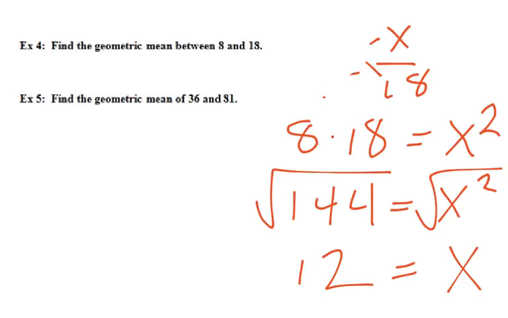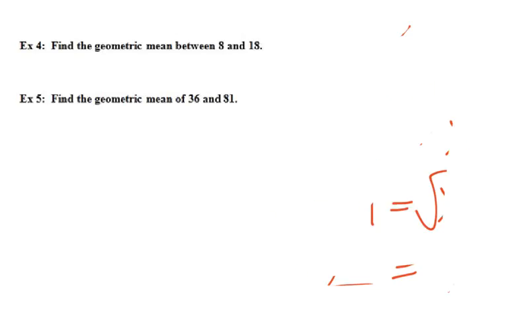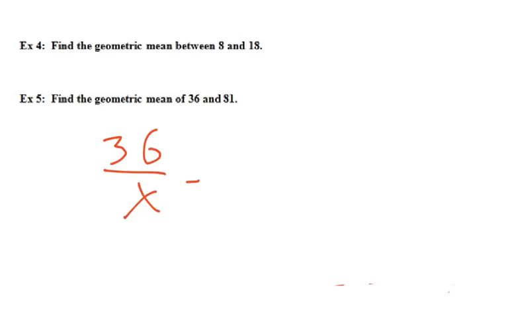Now, let's try it again. Let me erase all this jazz. Let's try it for 36 and 81. Okay, I'm going to set up the same thing. 36 over X equals X over 81. Cross multiply. 36 times 81. Let me see.